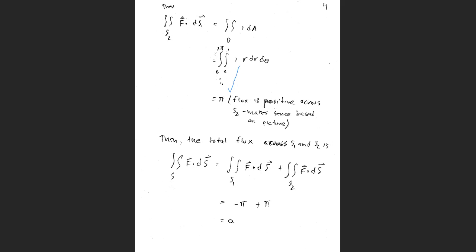That goes with the outward orientation of the second surface, and so you're going to get a positive rate. Okay, so take a moment to copy down up to here. Let me know if you have any questions.